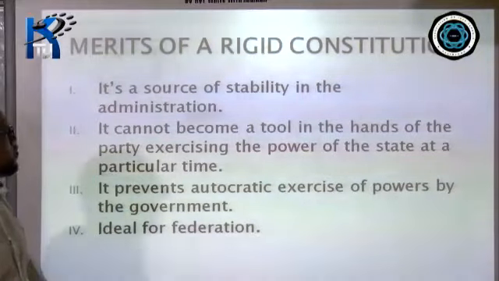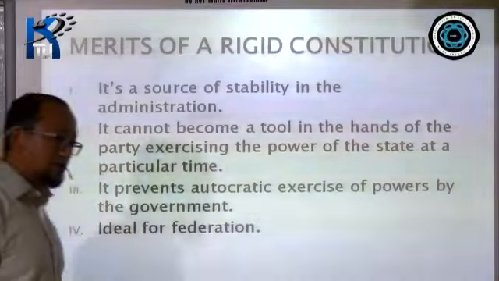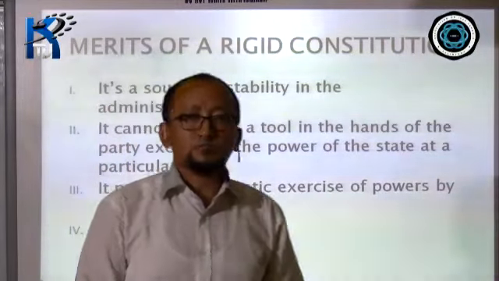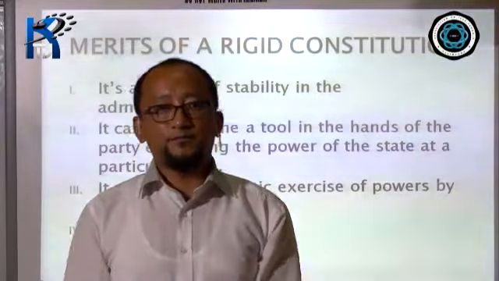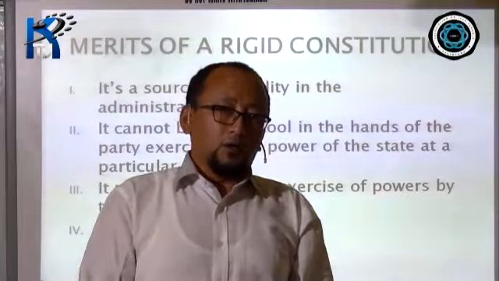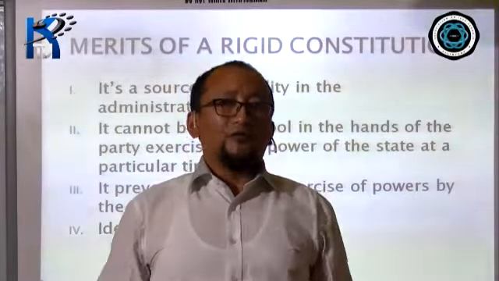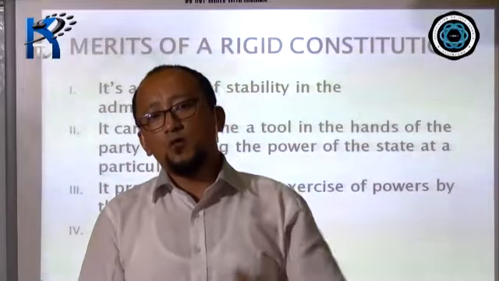It cannot become a tool in the hands of the party exercising the power of the state at a particular time. For instance, at present here in India, BJP is governing India. They are ruling over India. That's all right. Now, since we have a written constitution, and you can say it's partly rigid, you can always take into account one thing.